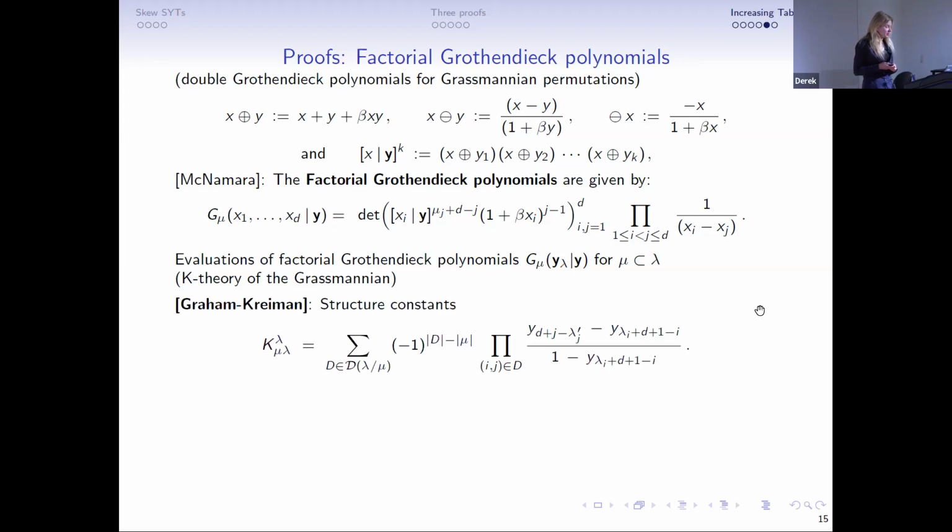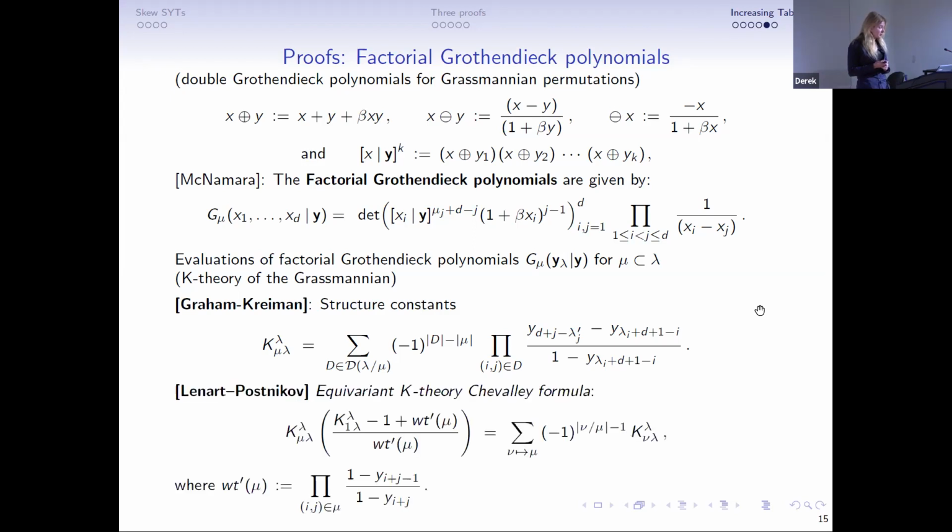And so here are a few identities. One is that one can express the structure constants in the K ring, what they call K mu lambda lambda. This would be like a generalization of the Littlewood-Richardson coefficients. One can express them using these generalized excited diagrams in this way.